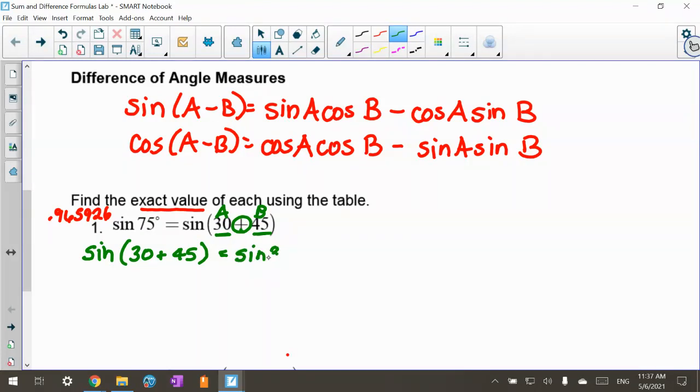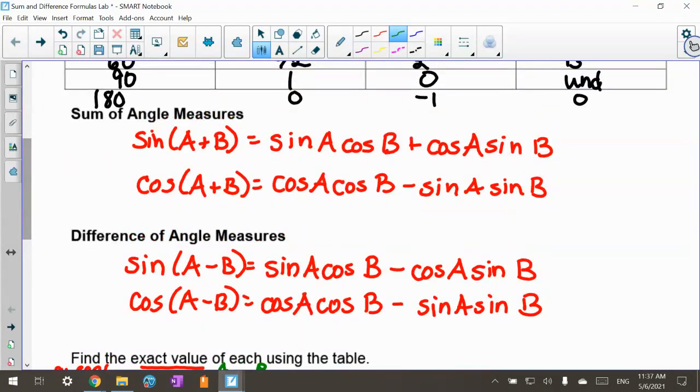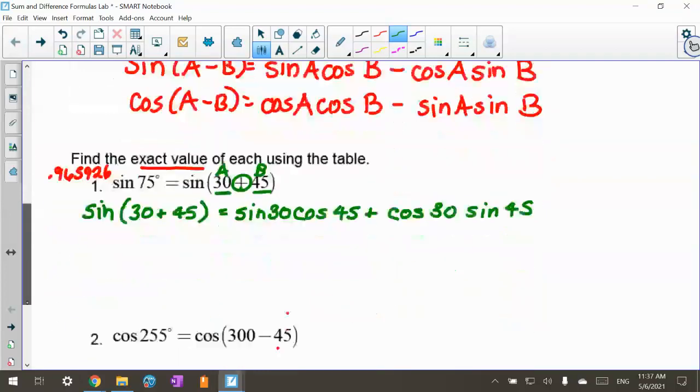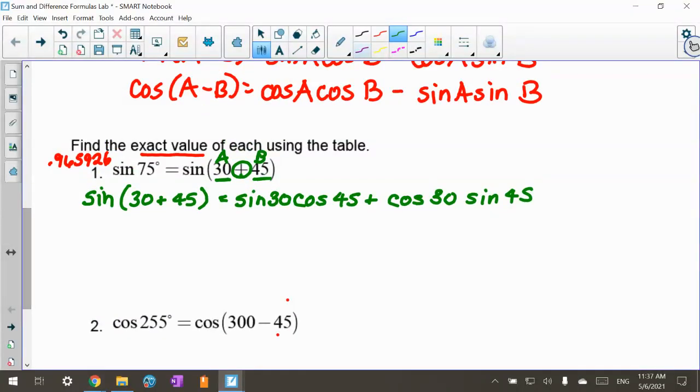Sine of 30 times cosine of 45 degrees, plus the cosine of 30 degrees times the sine of 45. Again, all I did was come up here, and wherever there's an a, I put the 30. Wherever there's a b, I put the 45. Now, you basically go in here, and you're just going to put all the exact values because we want to find the exact values.